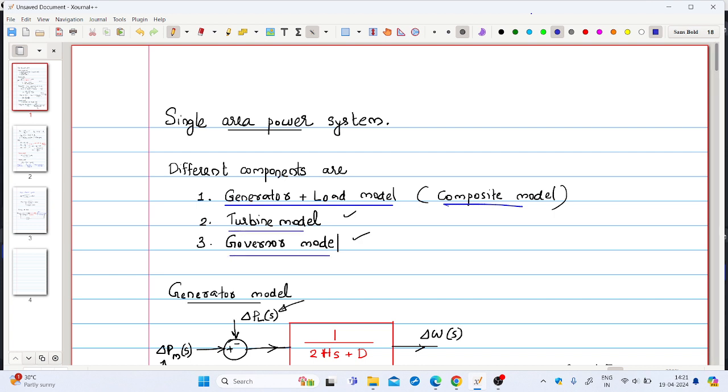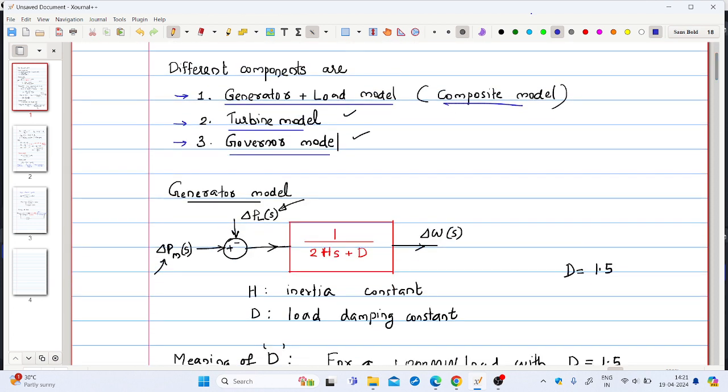We have seen the individual derivations for these components in the previous classes, so I will give you a quick review of the different parts. Coming to the generator model, a generator is modeled by a first order transfer function like this, 1 by 2Hs plus D, where H is the inertia constant of the generator and D is the load damping constant.